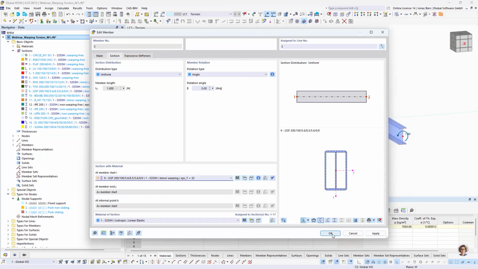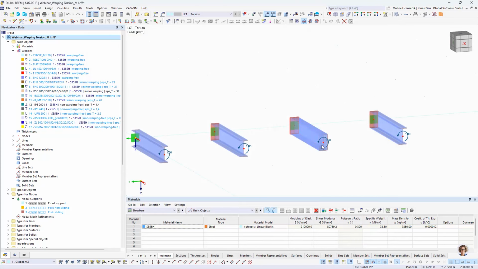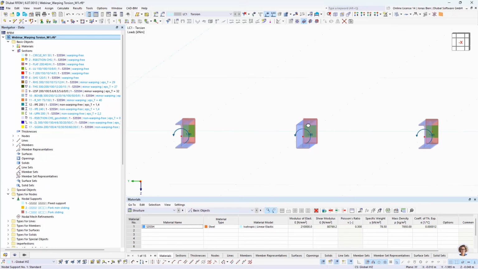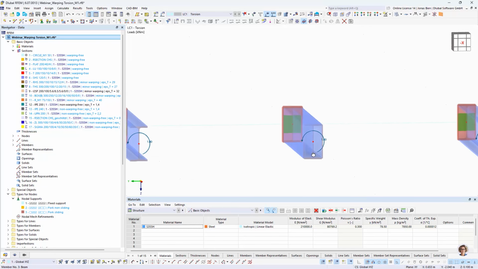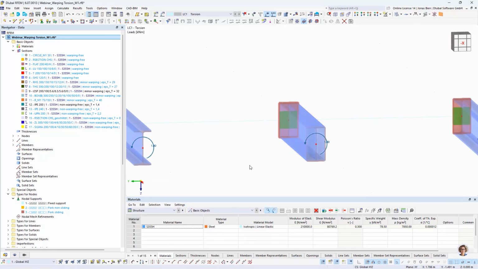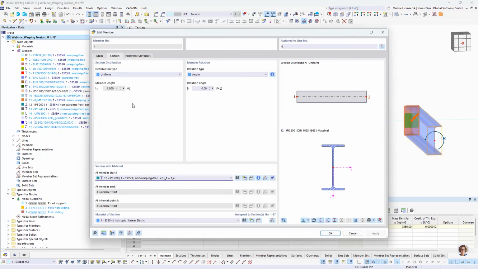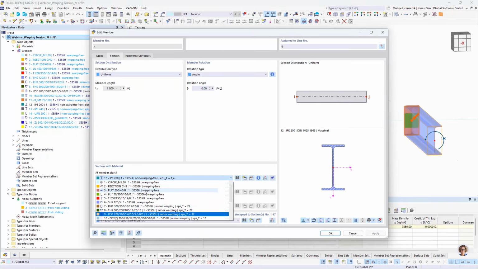For that example, I want to take an I section with additional web plates, which makes a 2-cell section out of the I section basically, but the I section in the core has the same dimension as our IPE 200 more or less. And then let's also add a completely warping free section.